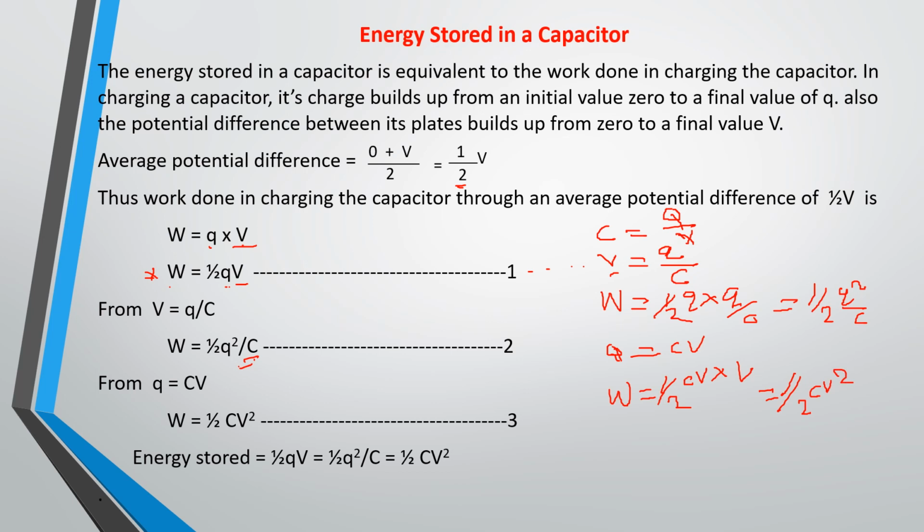This is the third equation for work done. Depending on the variables you are given, you can use any of these equations to solve for the energy stored in a capacitor. So having known that, we can now use these equations to solve for energy stored in a capacitor.